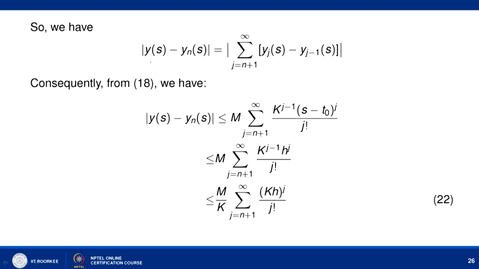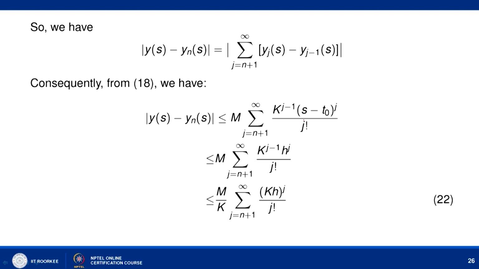So the modulus of y(s) minus y_n(s) is given by the sum from j equal to n plus 1 to infinity of y_j(s) minus y_{j-1}(s). Now, we want to show that this quantity can be made arbitrarily small as n tending to infinity. So we can see that the modulus of y(s) minus y_n(s) is less than or equal to M times the sum from j equal to n plus 1 to infinity of K^{j-1} (s minus t_0)^j upon factorial j.